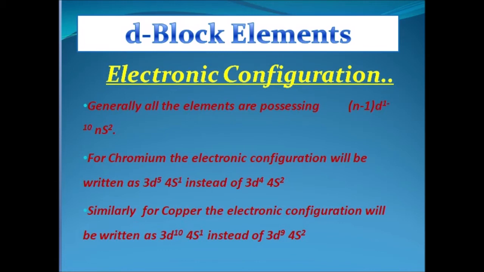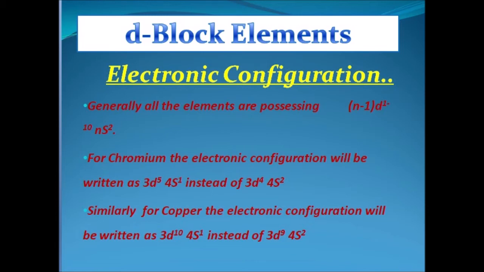Then let us move on to copper, because chromium is present just before manganese, and likewise copper is present just before zinc. Therefore we may apply the same rule which was followed in chromium. We may expect the electronic configuration for copper to be 3d9 4s2, but it is not like that.